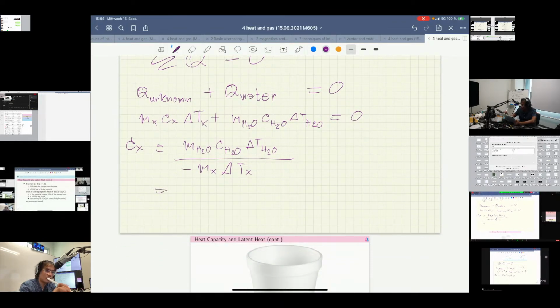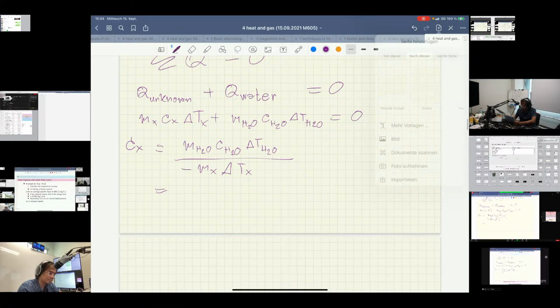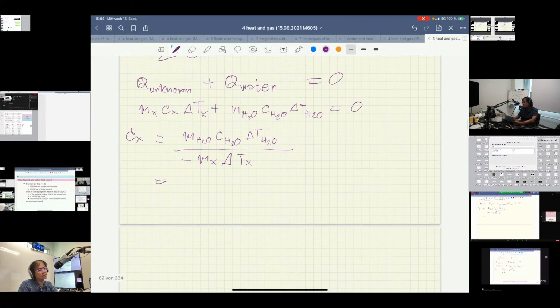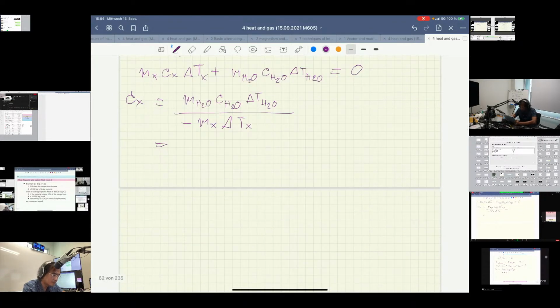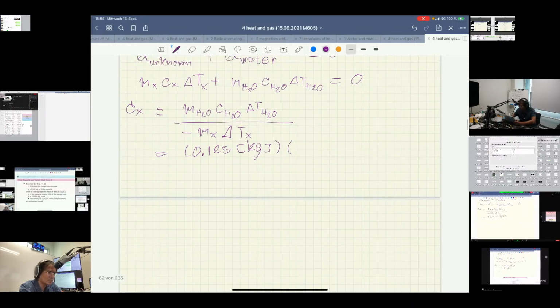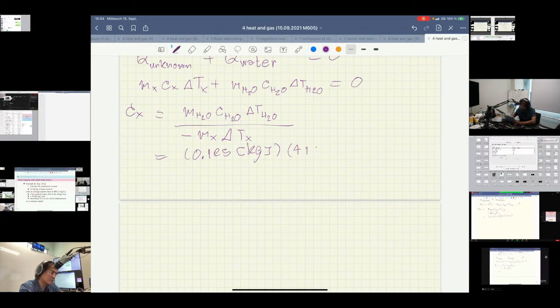Let's go further. The mass of the water is 0.125 kilogram, and the specific heat of the water is 4190. That's 4190 joule per kilogram and Kelvin, right?